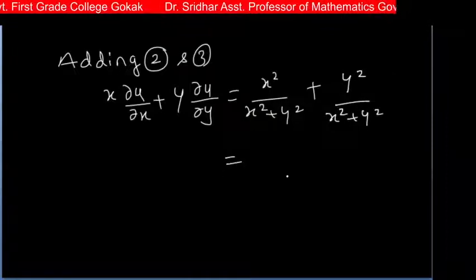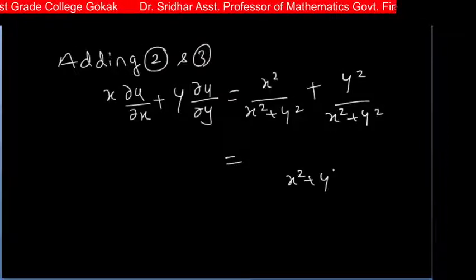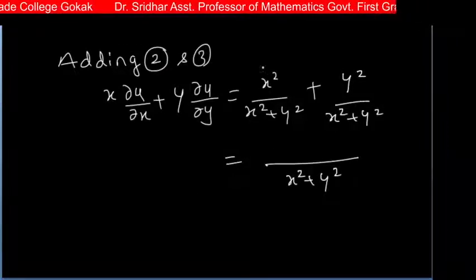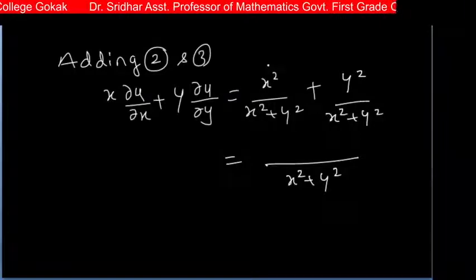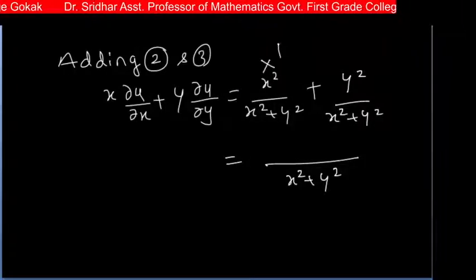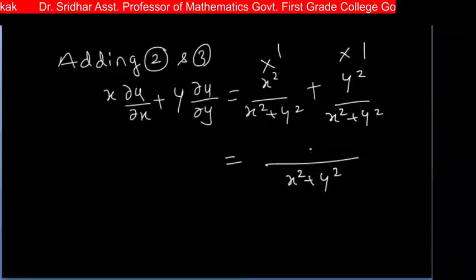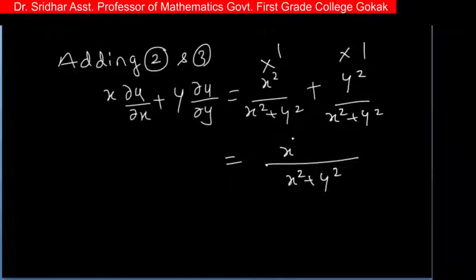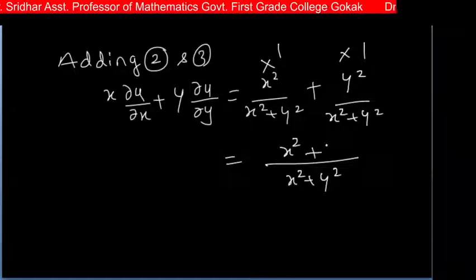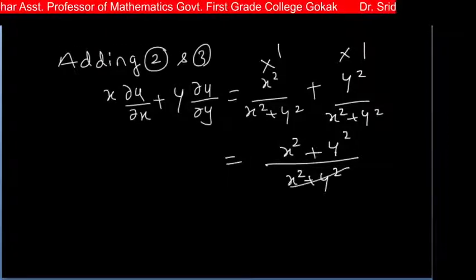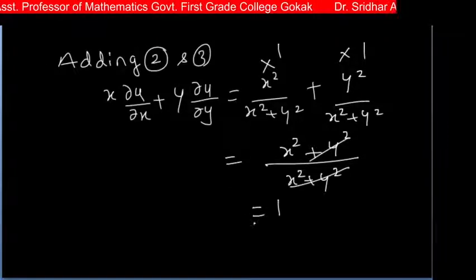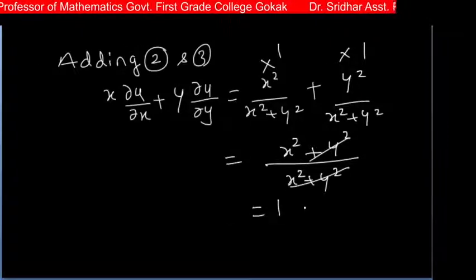Now taking both the sides, x square plus y square as LCM, so this is multiplied with 1 and this is also multiplied with 1, so x square into 1 x square, y square into 1 y square, so this will get cancelled, which is equal to 1.